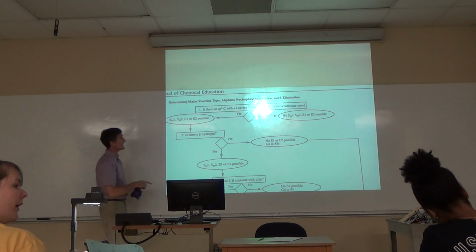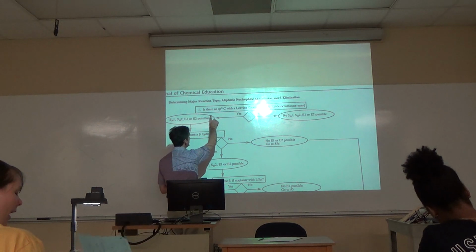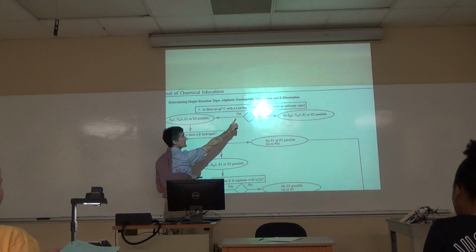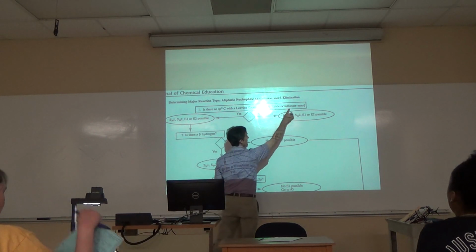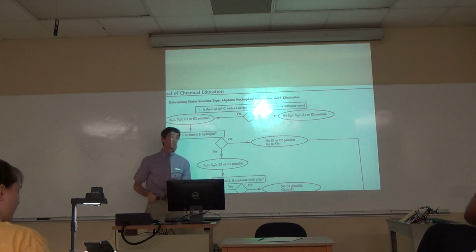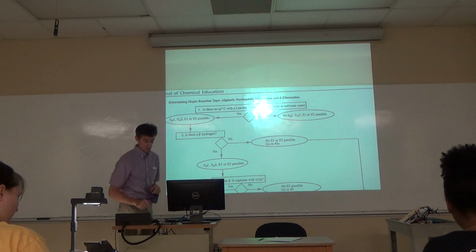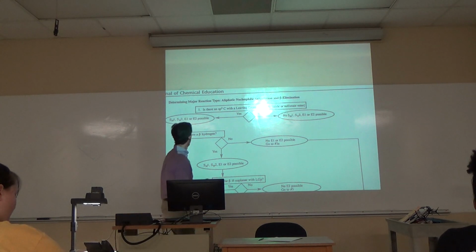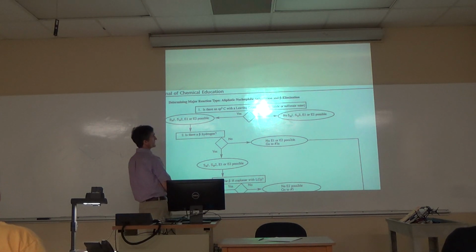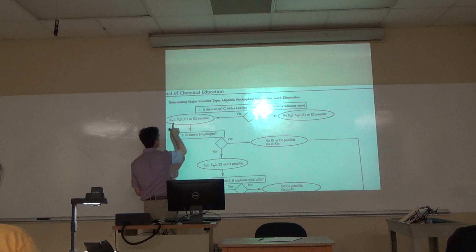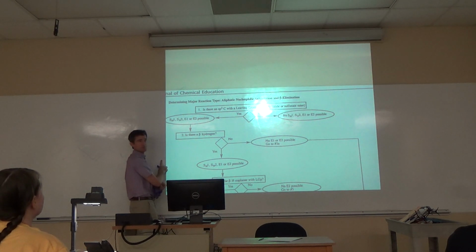So go back to generalities, okay? Is there an sp3 carbon with a leaving group? Typically, what are good leaving groups? Halides or what? Sulfonate ester, that's a tosylate. Okay? So let's assume you got a leaving group on a tetrahedral carbon. Well, guess what? All 4 mechanisms are possible. Well, is there a beta hydrogen?